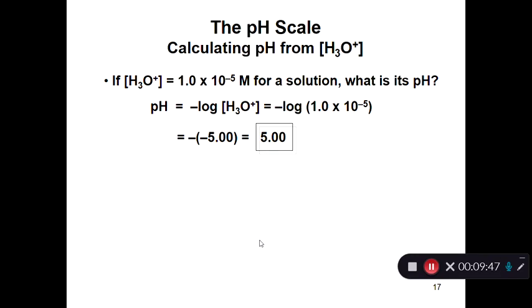One possible question: why didn't we report it as 5? We say 5.00. We have one rule for sig figs. Please write the rule. I'm going to repeat it a couple of times to make sure you understand. Sig figs of concentration are the same as decimal places of pH.